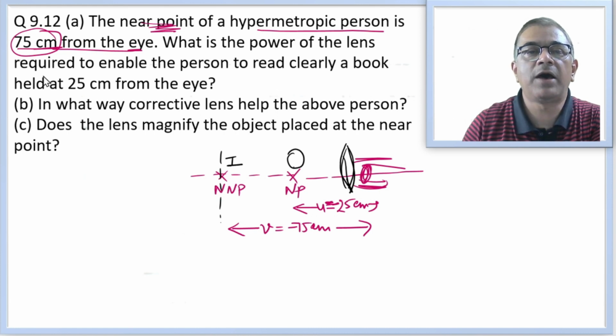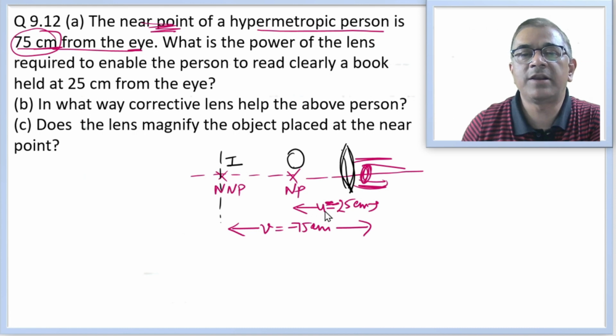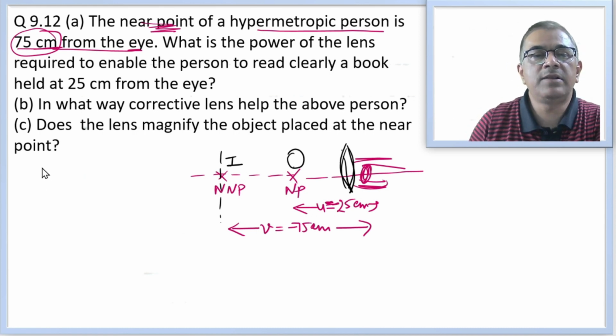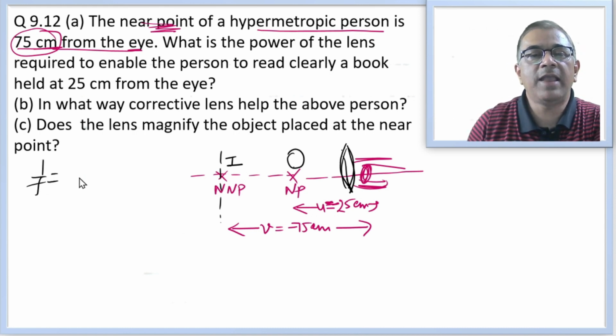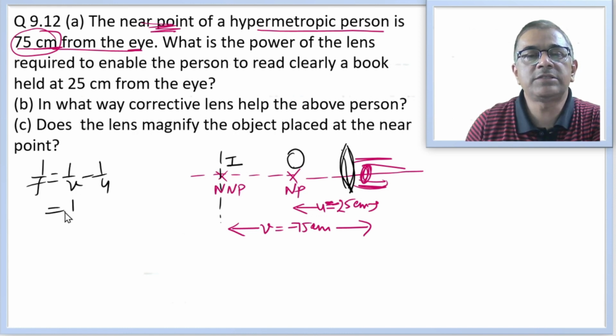So what is the power of the lens required? It can be calculated using the lens formula. 1 by F is equal to 1 by V minus 1 by U, which is 1 by minus 75 minus 1 by minus 25.